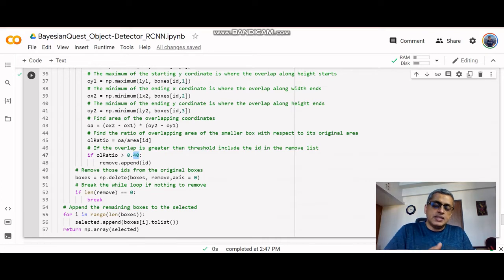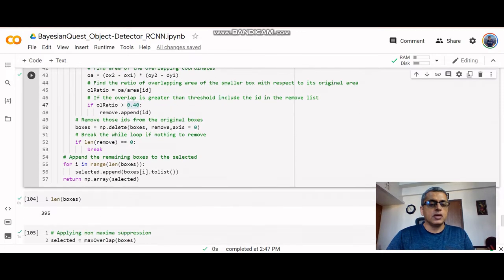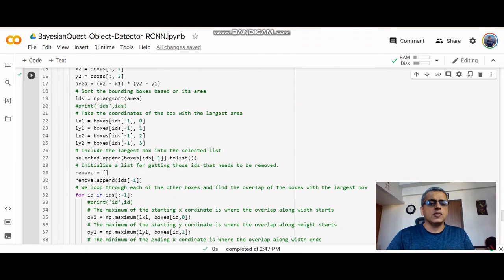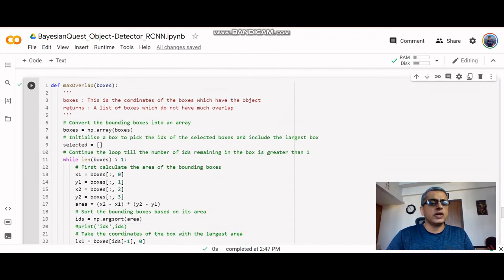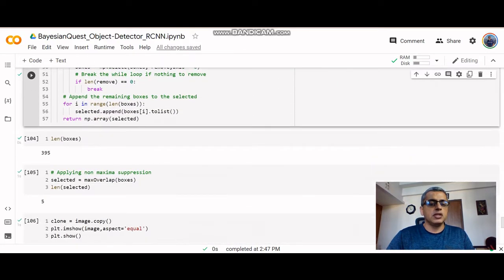Any overlap lesser than 0.4, we keep those bounding boxes. So you can play around with this ratio and find out what effect there is. Other than that, this function is the same as what we implemented in post 3.